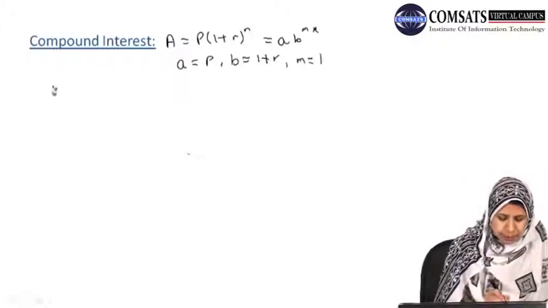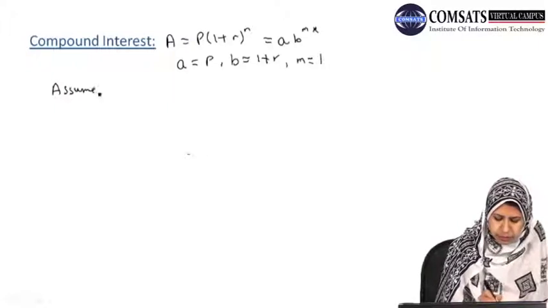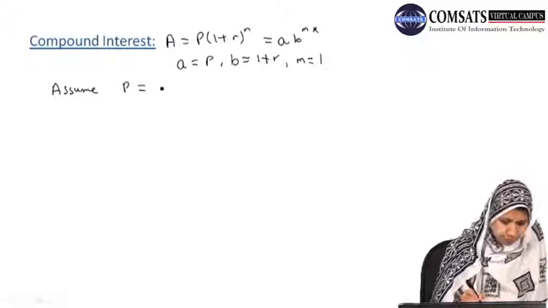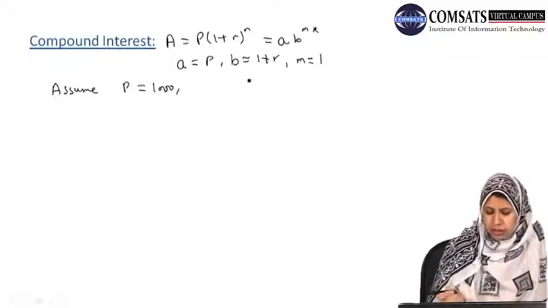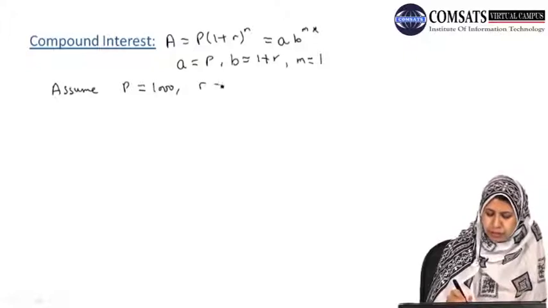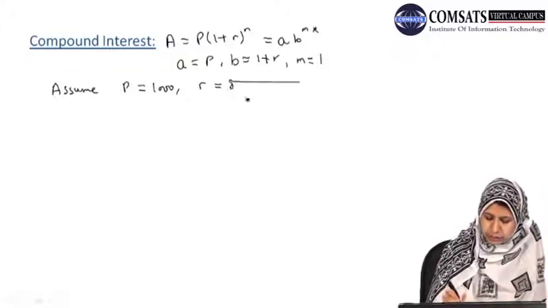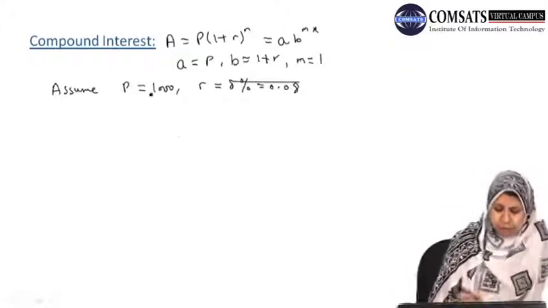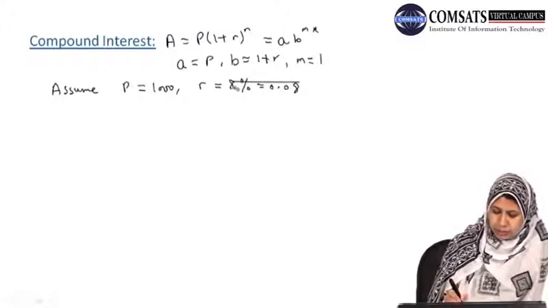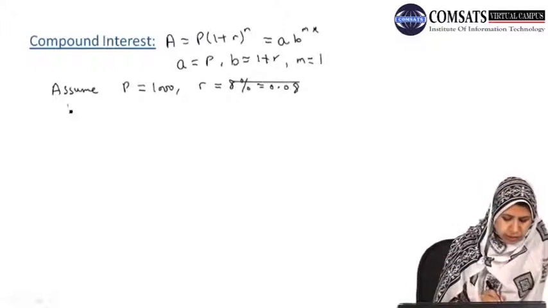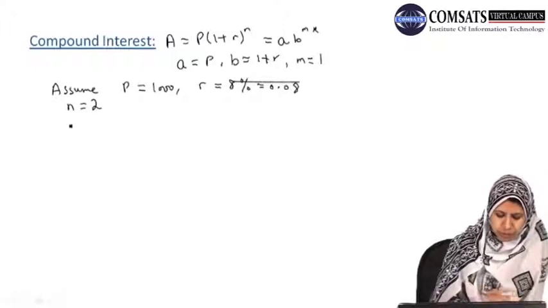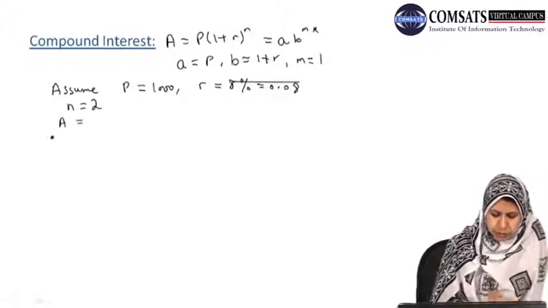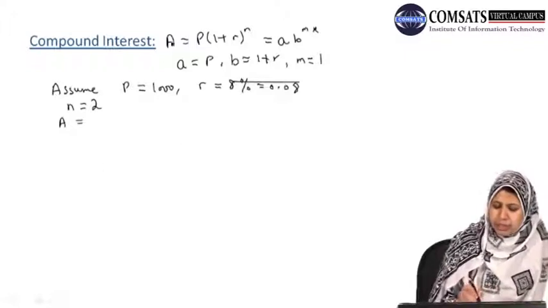Now, let's assume that our principal amount is $1,000 and the rate of increase is 8%, which is 0.08. Then we are interested in knowing the amount after 2 years. That is, if n is equal to 2, we will put the values in this formula.